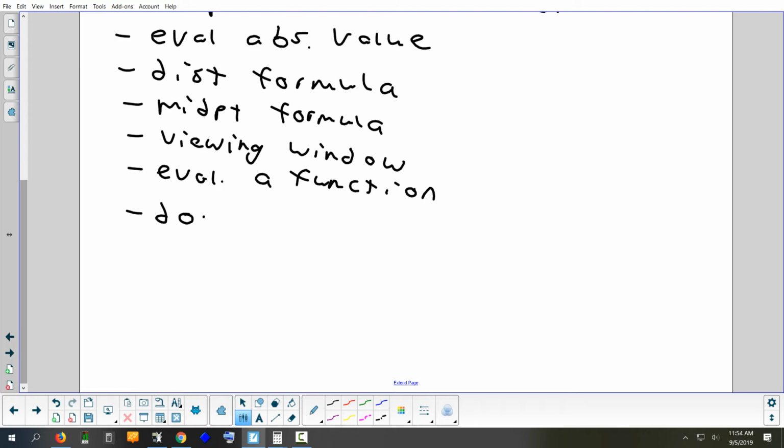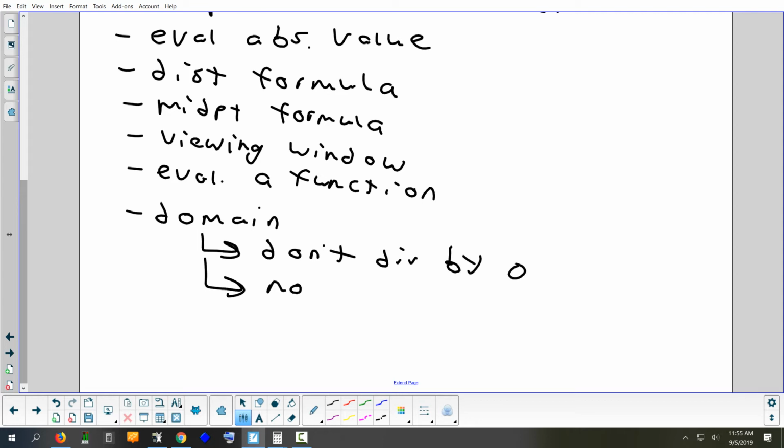Finding domain of a function. So make sure you definitely be careful about dividing by 0 and square roots. Those are the 2 things to focus on. Don't divide by 0. No square roots of negatives.